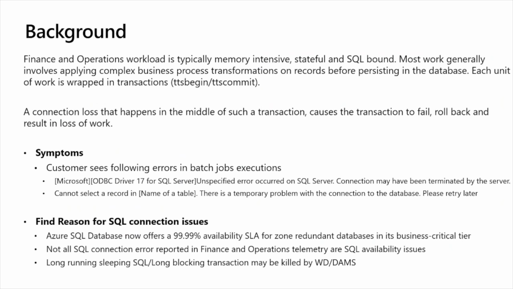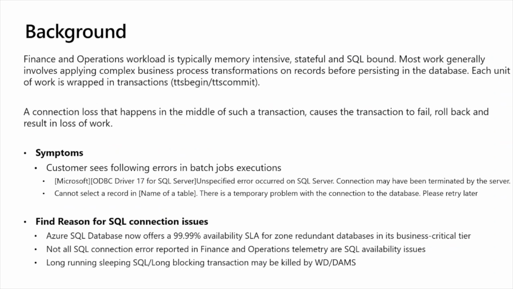However, there is still a 0.01% chance where SQL might not be available, and that could be because of unplanned outages from the SQL side, which may be a failover or a DNS issue, or a planned outage from the SQL side. Maybe SQL is doing patching and they're doing a failover to the other resources. There may be a resource constraint on the primary node, and SQL is doing a failover to the secondary node.